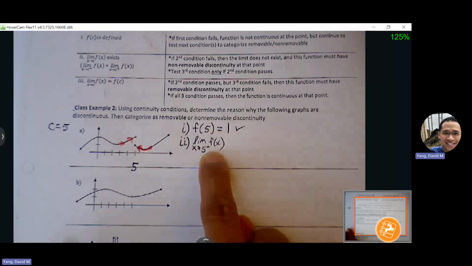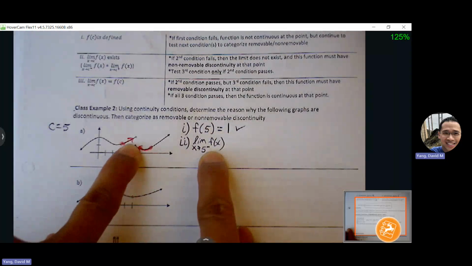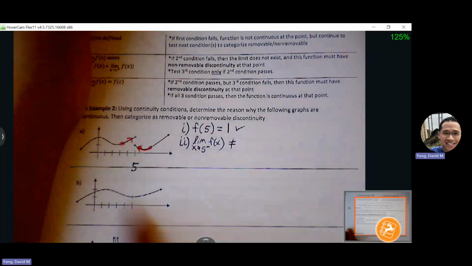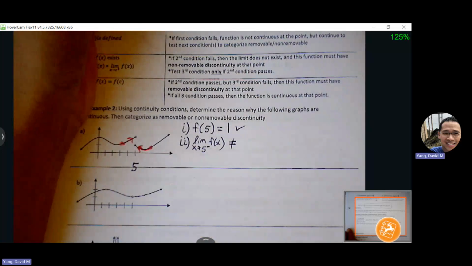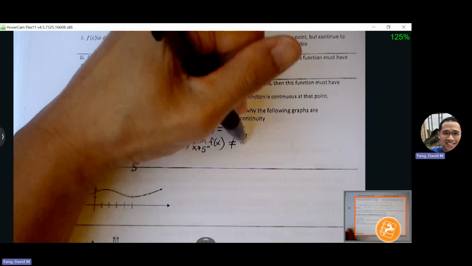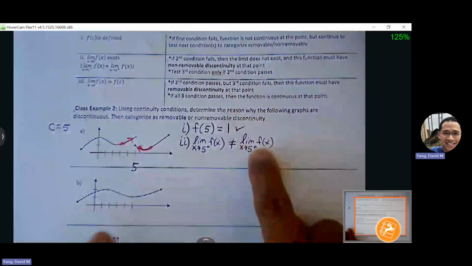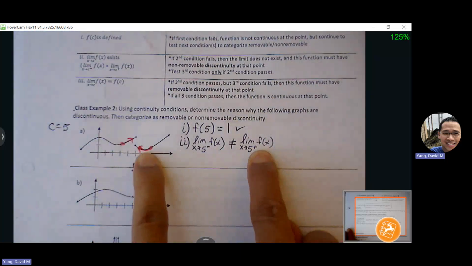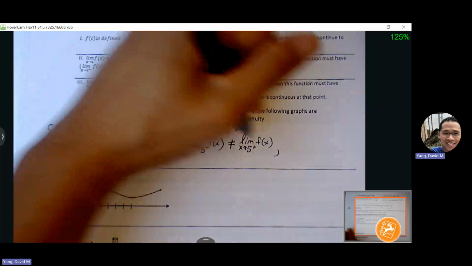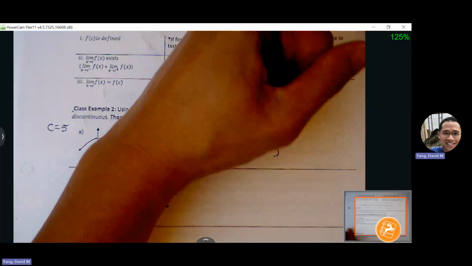This notation is indicating what we're doing with those arrows. Does not equal 2, because this one's approaching 2, the other's approaching 1. Does not equal the limit as x approaches 5 from the right side of 5 of f of x. This notation is basically what this arrow is doing. And therefore, we can conclude that because the one-sided limits are not in agreement, the full limit doesn't exist.